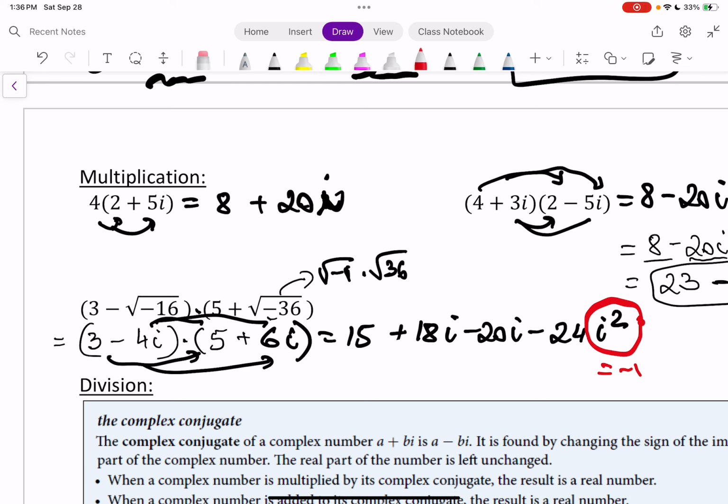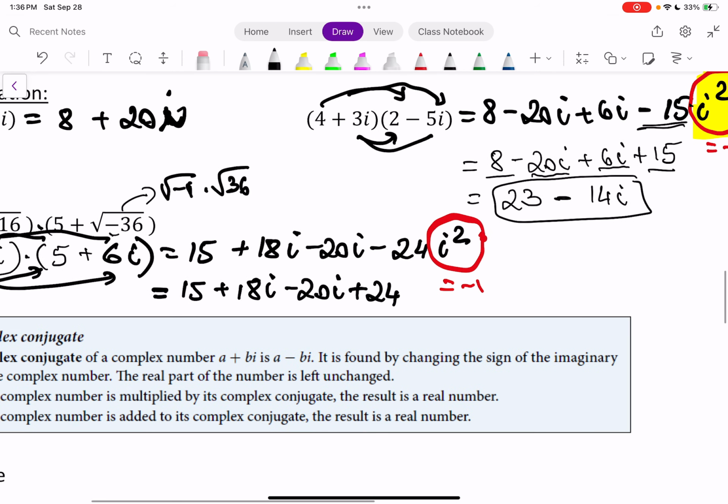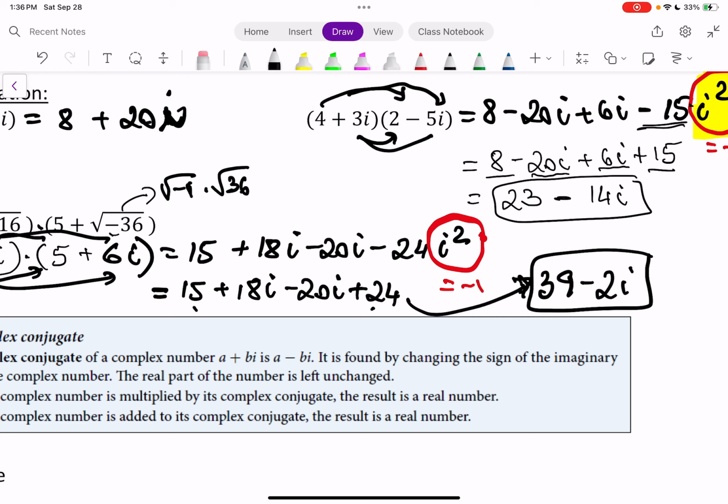And so because i squared equals negative 1, negative 24 times negative 1 equals a positive 24. So let me take this back here. Combining like terms, that's going to get me a 39 minus 2i. Okay.